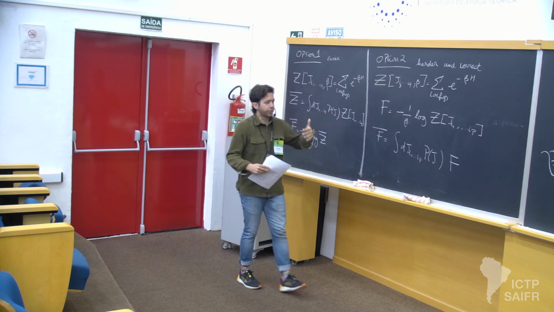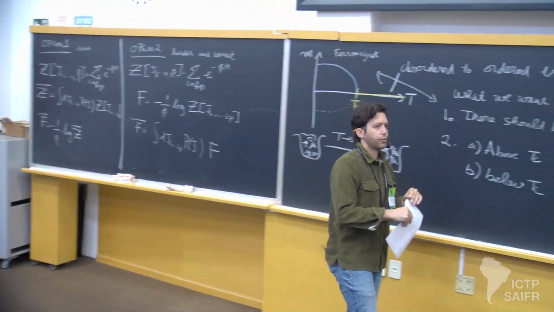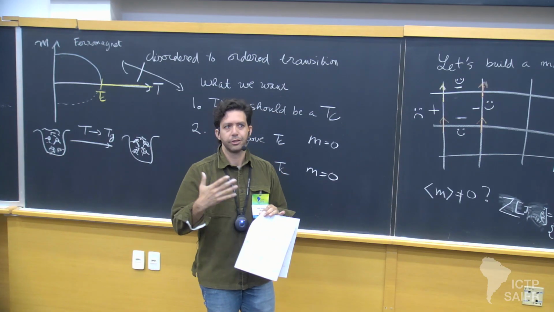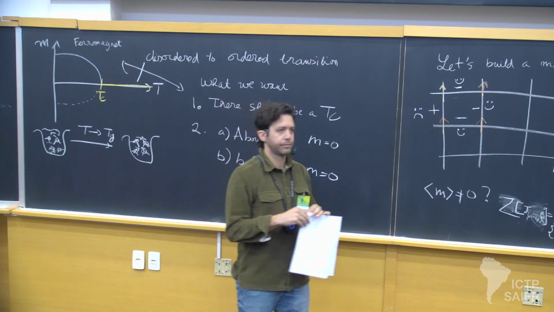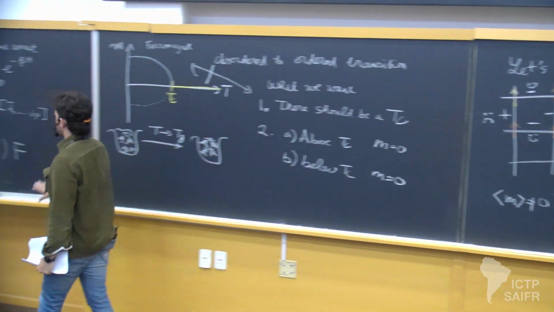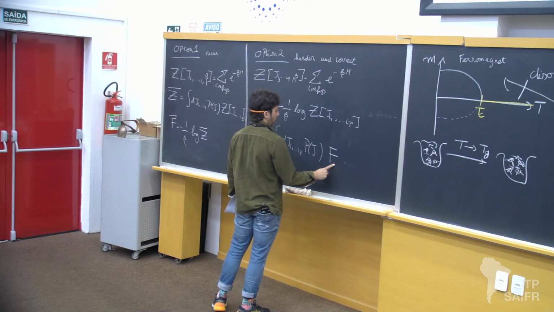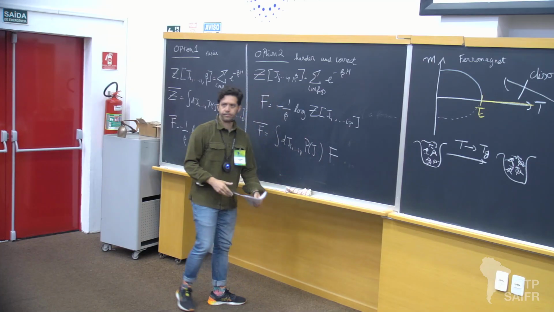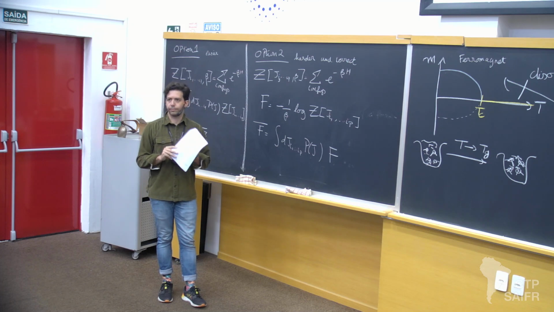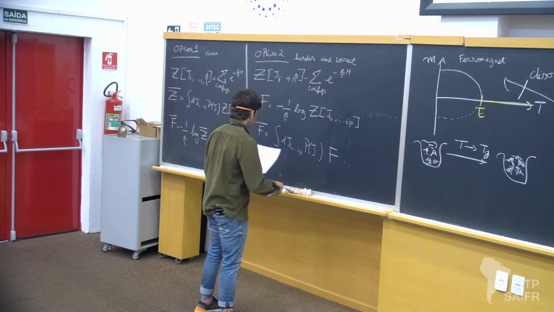So the free energy is the thing that you would naturally want to compute on average, because it's the thing that you derive the thermodynamics from. So we're going to want to compute the integral over the disorder of the log of Z. And now I'm going to teach you a trick for how to do that. It's very unintuitive, so we're going to spend some time on that.